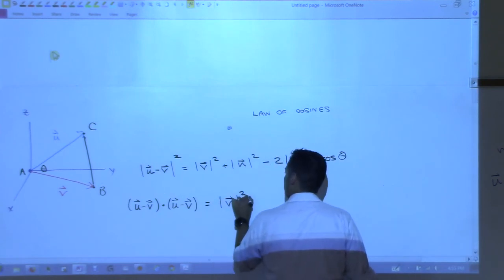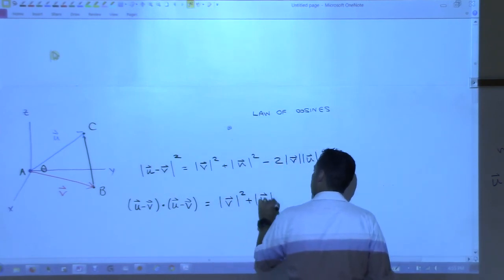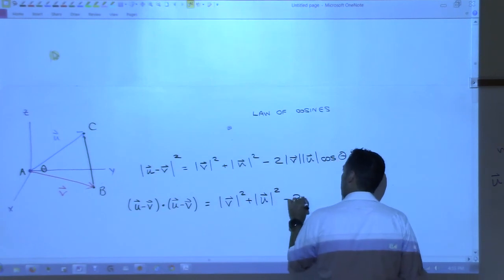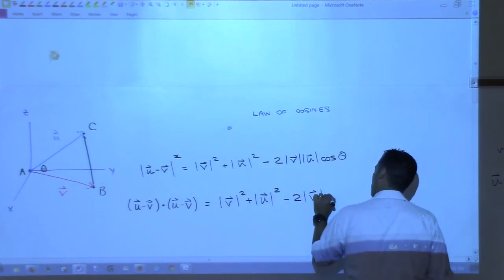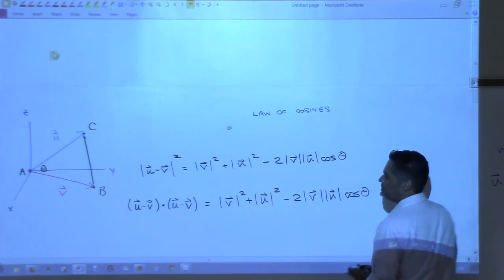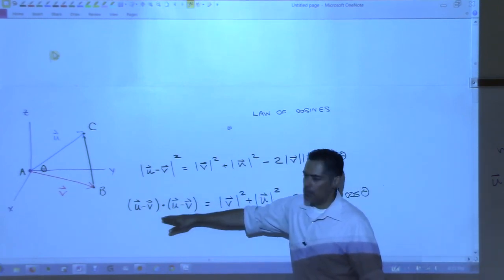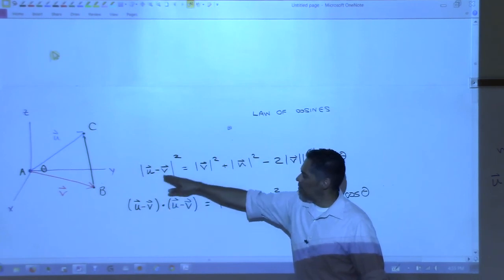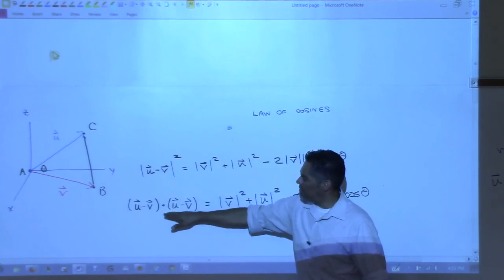Take a look at what I just did on that left side and tell me what I did on that left side. You're going to distribute. Yeah, but how did I get to that? Why did I write that down? Is this right?